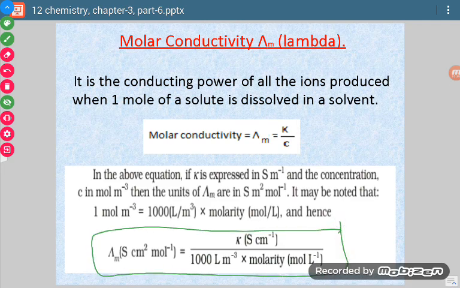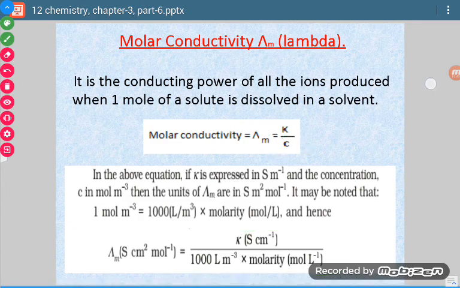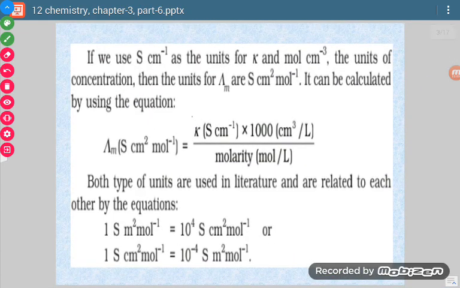As I told you, C stands for molarity. Here if we use Siemens centimeter inverse as the units of kappa and mole per centimeter cube as the units of concentration, then the units of molar conductivity will be Siemens centimeter square per mole.